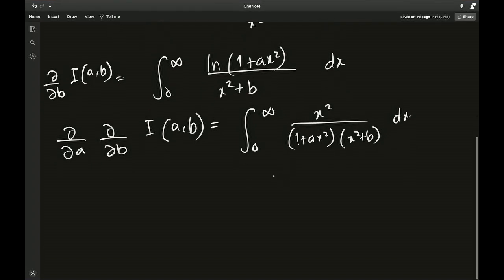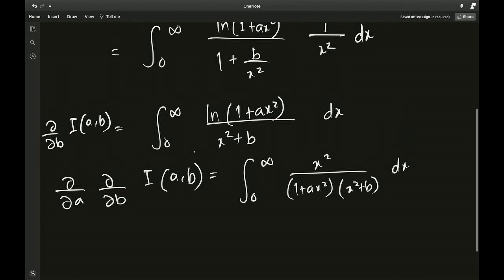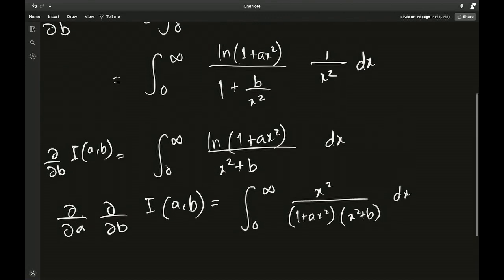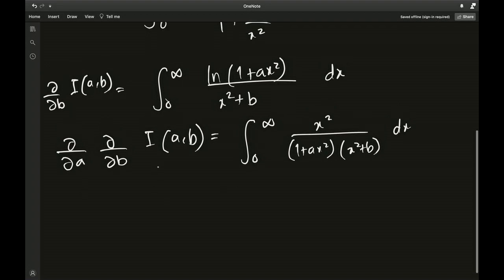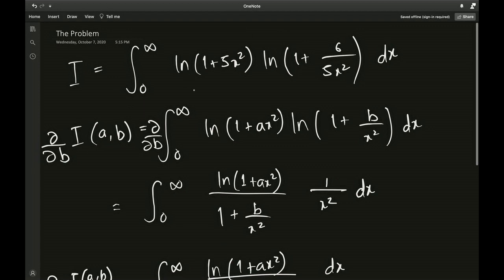Okay, and one important point to note is that if I had differentiated this function with respect to a first and then with respect to b, I would have ended up at the same thing, since the original integrand is continuous on this interval from 0 to infinity. I mean, it's natural logs and they're continuous.